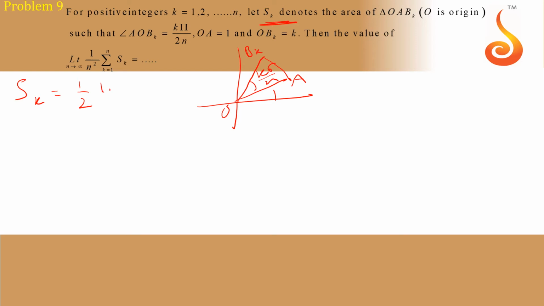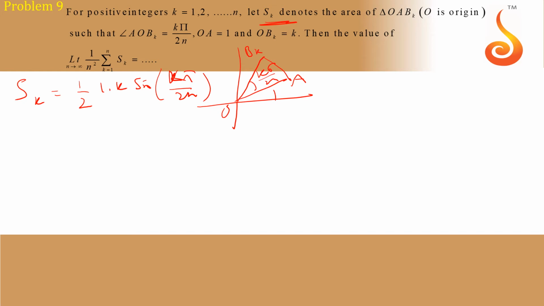What is OB_k? Is given as k into sine of k pi by 2n. So this is the area of the triangle, by using properties of triangles.